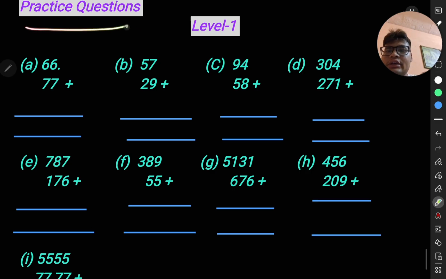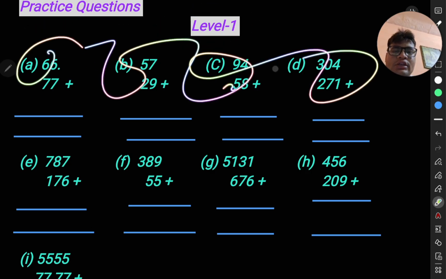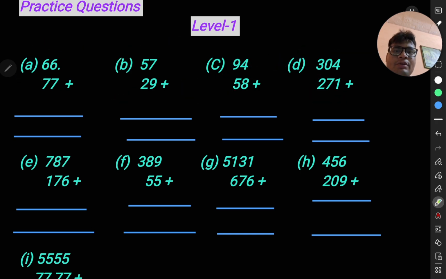Here is the level 1 question: A, B, C, D. You have to take a screenshot, solve them before the next class, and write the answers of these questions in the comment box. Or you can pause the video and solve these questions.